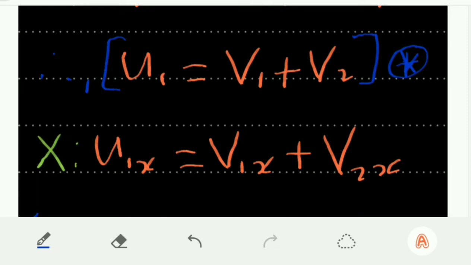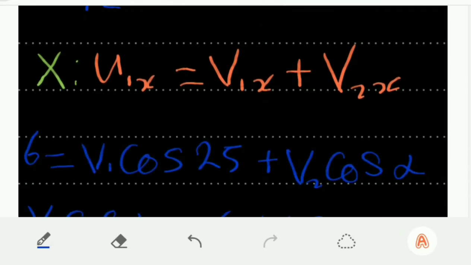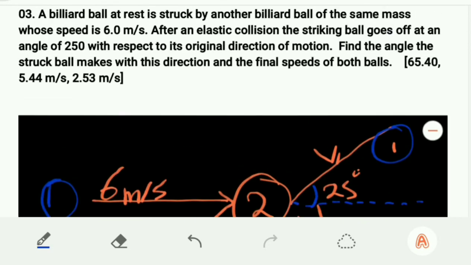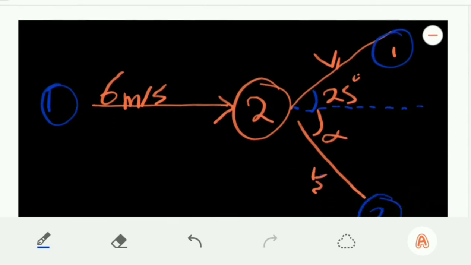Notice that it's the same equation, but now we want to deal with it in terms of its components. The x components are going to give us this, and then we have those angles on the diagram. If we're considering v1 here, u1x, of course it's moving in the x originally, so it's simply 6 meters per second, and v1x therefore is going to be v1 cos 25.